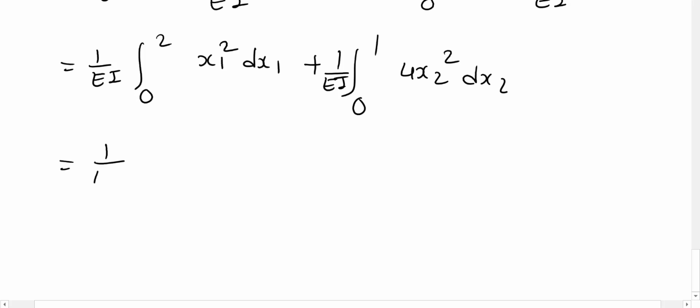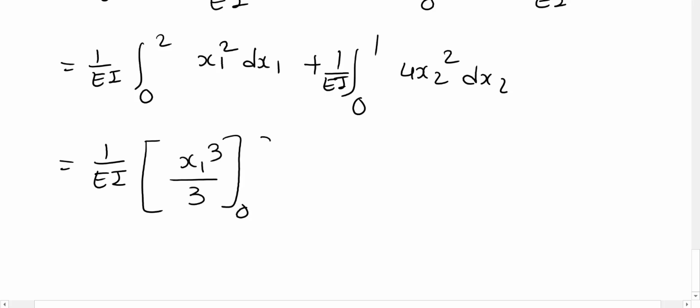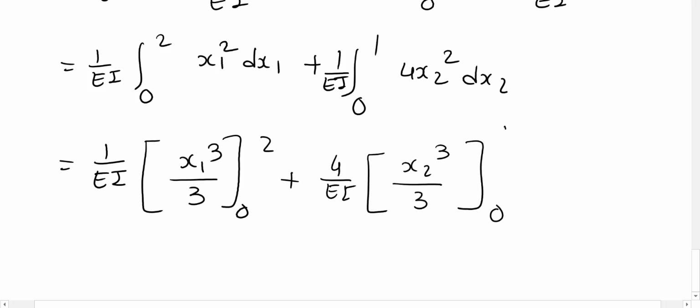Similarly, we take 1 over EI out. Here x1 cubed on 3, from 0 to 2. If I integrate this one, I can take the 4 out, and x2 cubed on 3, from 0 to 1.